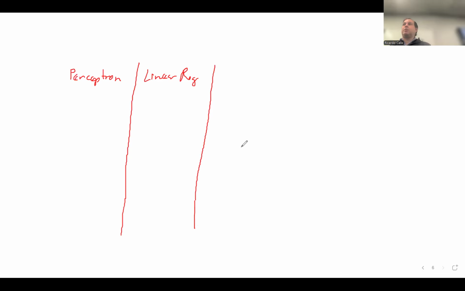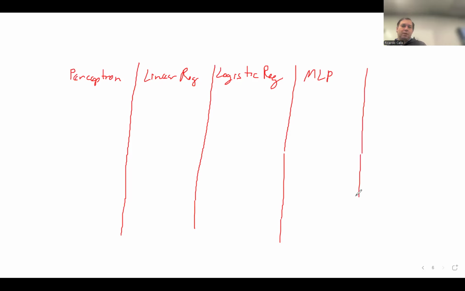We have logistic regression, which is a classification. We have an MLP, which is a multi-layer perceptron. And then we're going to have deep learning, which I'm just going to denote as DL. So this is all about inference functions, okay?